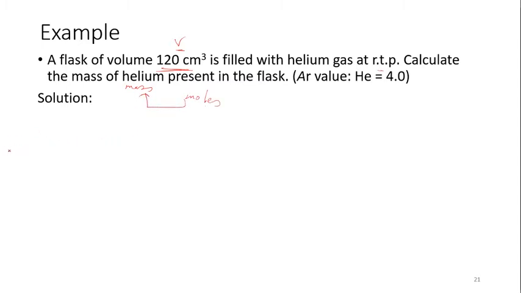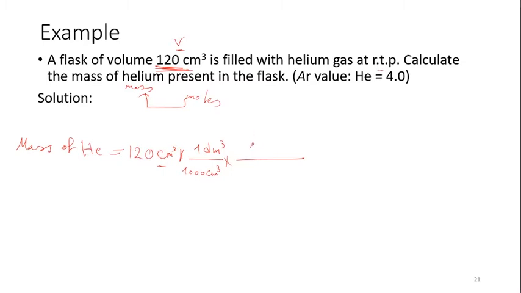So I can calculate the number of moles, and from the number of moles I can convert it into the mass. In one step I can write down that the mass of helium would be equal to the unit I'm given, which is 120 cubic centimeter, and I need as a first step to convert my cubic centimeter into cubic decimeter. So if I know 1 cubic decimeter is equivalent to 1000 cubic centimeter, the second step, now I get from this step the decimeters.